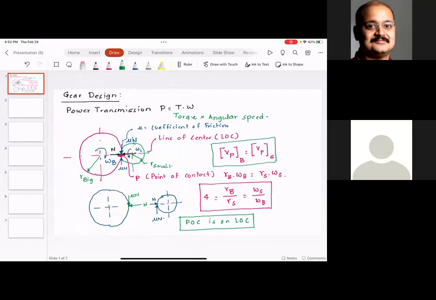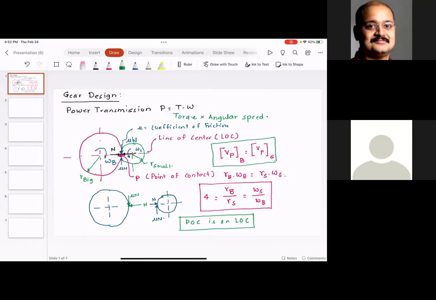If we are considering that both the wheels are linear axle, then how does the point of contact move? So geometrically, it will not move. Kinematically, it will move.